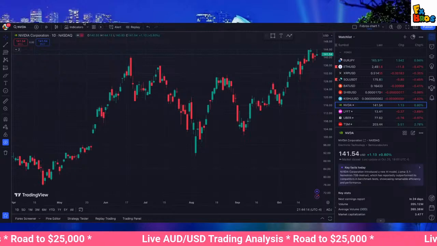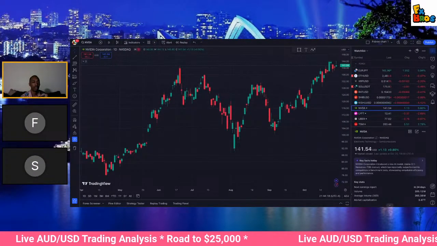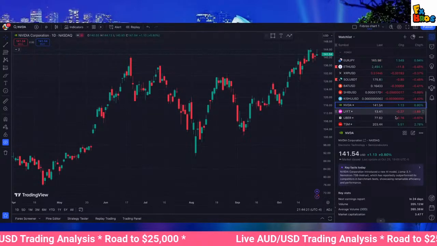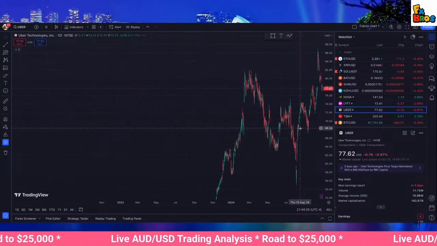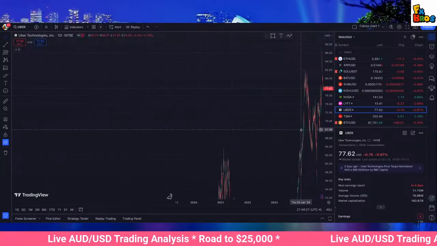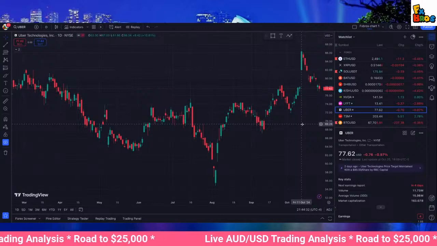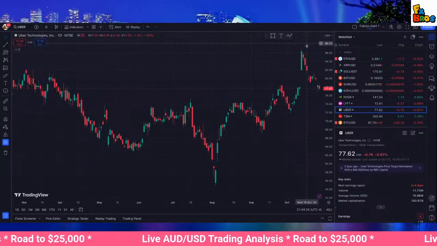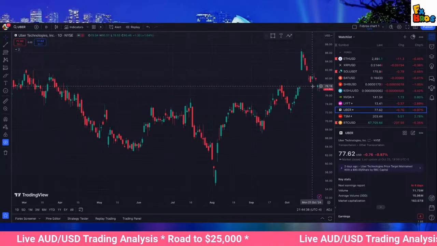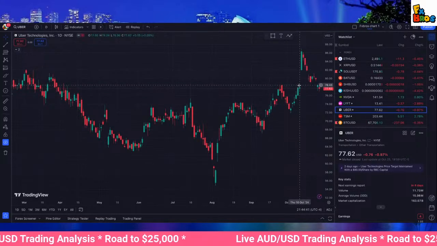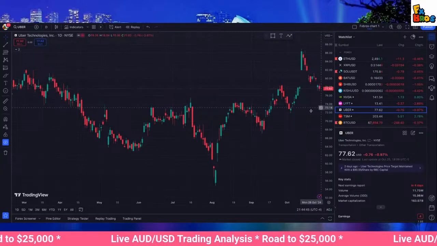Let me see what Uber looked like. Uber recently coming off of an all-time high on October 11th and been kind of selling off, filling in this gap, and it's sitting right there at that structure level right here at 78, between 78 and 77.